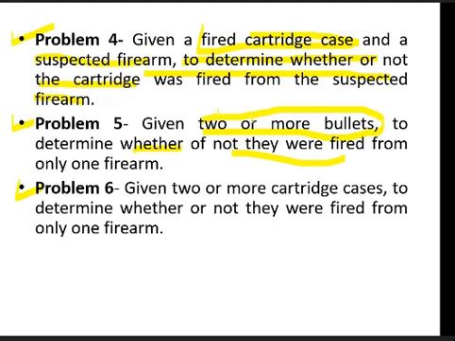Fifth, 2 or more bullets, to determine whether one or many firearms were used. Number 6, given 2 or more cartridge cases to determine whether or not they were fired from only one firearm. So these are actually the problems being solved by a forensic ballistician or forensic examiner, right?